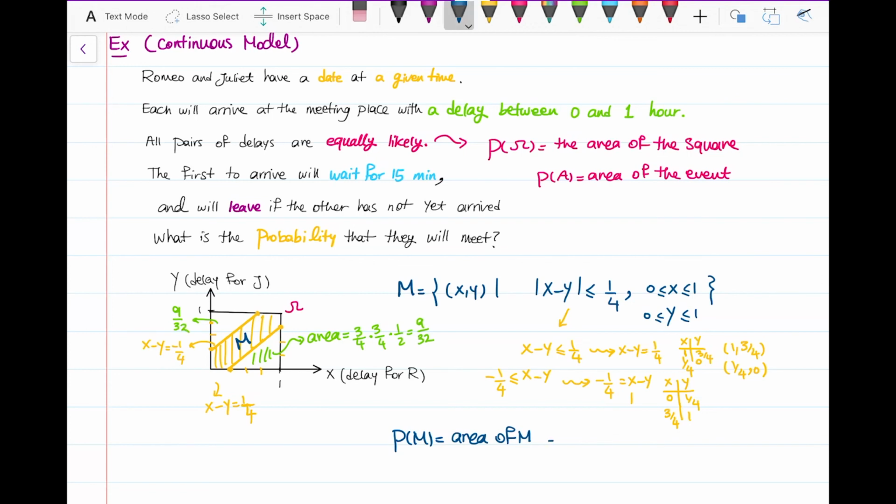So now the area of M would be 1 minus 2 times 9/32, which is 1 minus 9/16, which is 7/16. Okay, so 7/16 is the probability that they meet each other because the difference between their delays is less than 15 minutes, or 1/4.